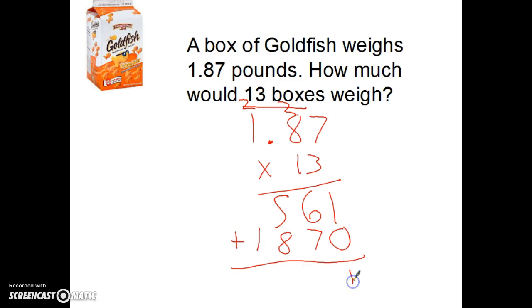Add them up. 1, 3, 6, 4, 2, and I had to move my decimal over 2 spots, so 24.31 pounds. So when I multiply a whole number times a decimal, all I have to do is count over how many spots till I get my decimal in the problem. That's how far I count over in my answer.